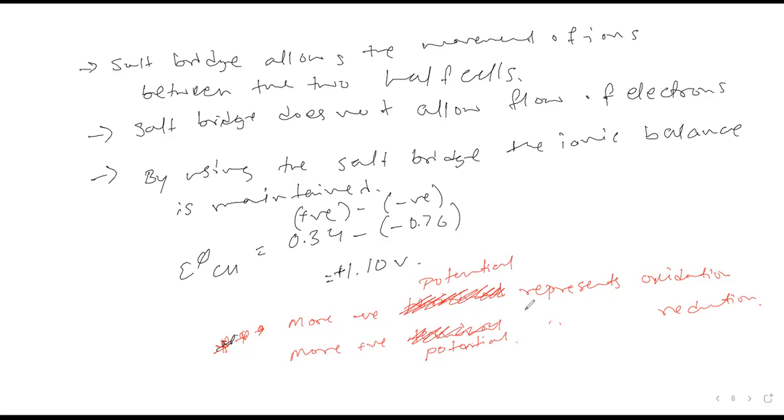Now how do you know which one is oxidation and which is reduction? Generally, the anode shows oxidation, and the cathode is reduction. So this will help you to identify which one of them is the anode and which is the cathode.